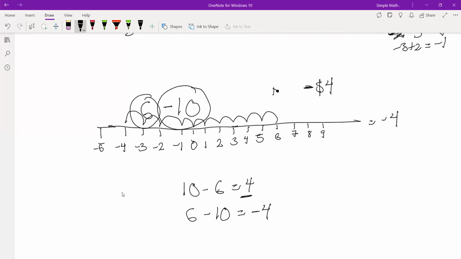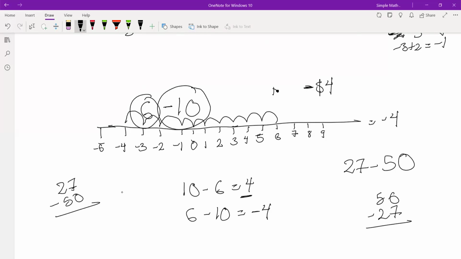Just imagine they give you a question like, what is 27 minus 50, for example. It's difficult trying to start actually doing 27 minus 50. What you just do is ask yourself, what is 50 minus 27? 50 minus 27, that should be 23.